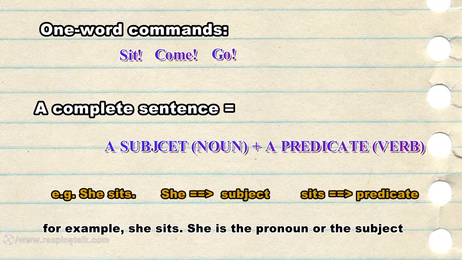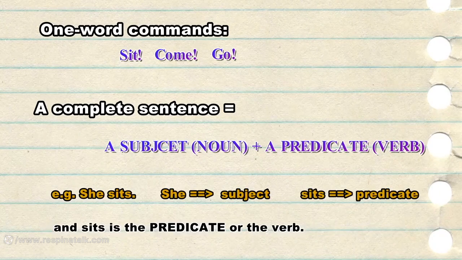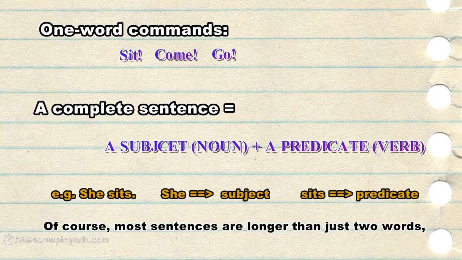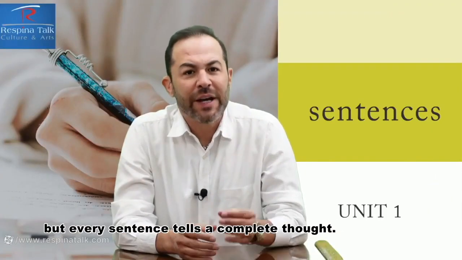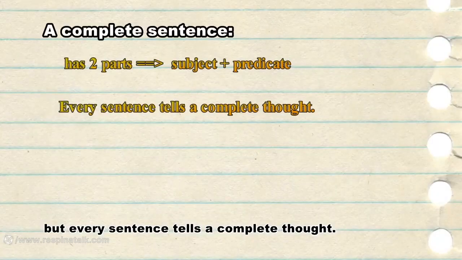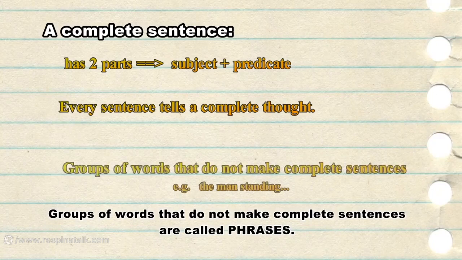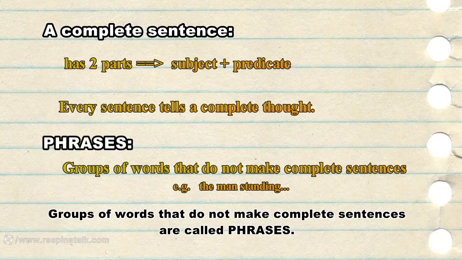She is the pronoun or the subject, and sits is the predicate or the verb. Of course, most sentences are longer than just two words, but every sentence tells a complete thought. Groups of words that do not make complete sentences are called phrases.